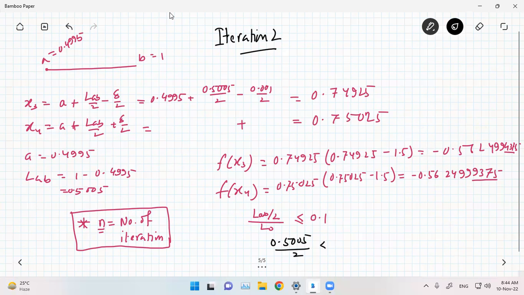L0 is 1, so 0.1. So as you can see, it will be almost 0.25, 0.25, 0.1, which is still not true. Not true. So we have to proceed to the next iteration.